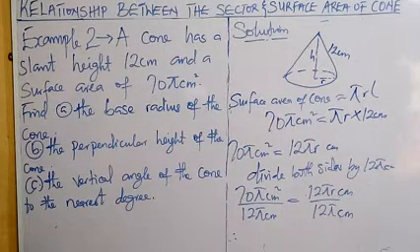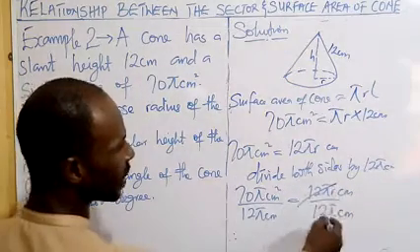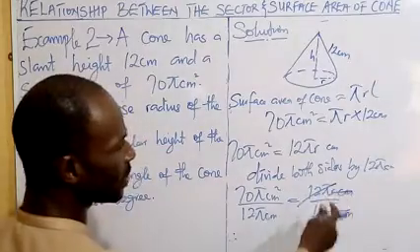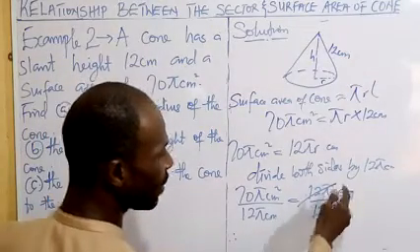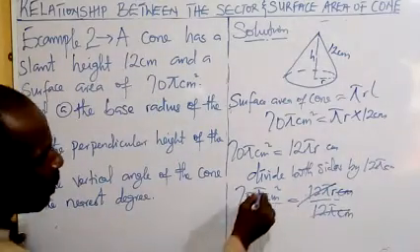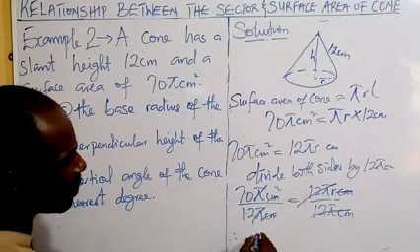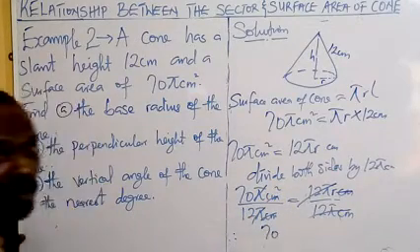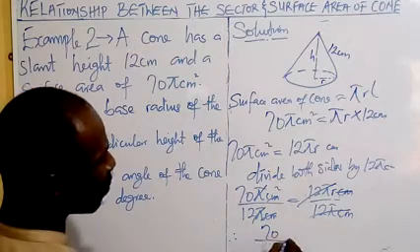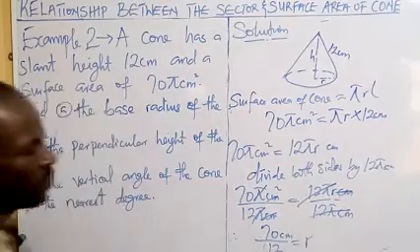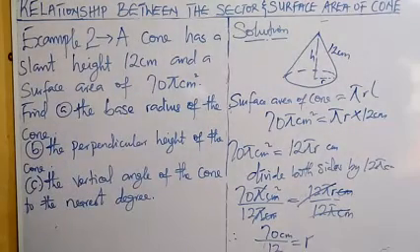Let's do that together. The 12 cancels the 12, and the centimeter cancels the centimeter. Pi also cancels pi. We only have the r. Therefore, we have 70 over 12 equals r. Let's solve this together.